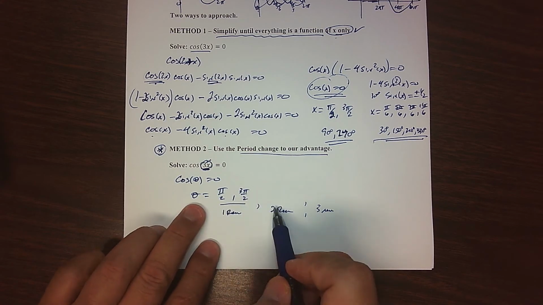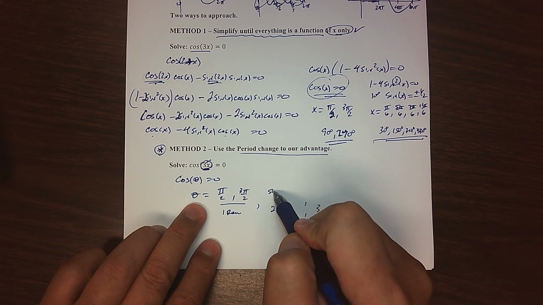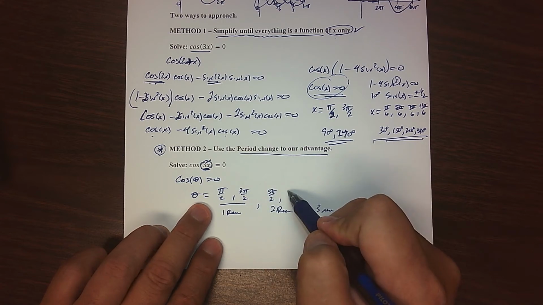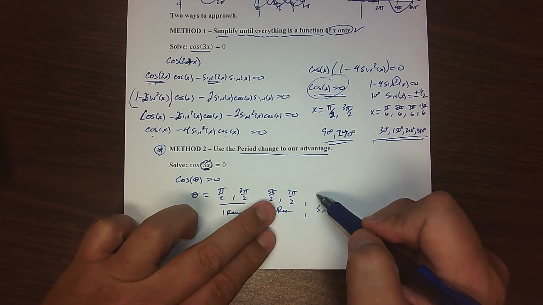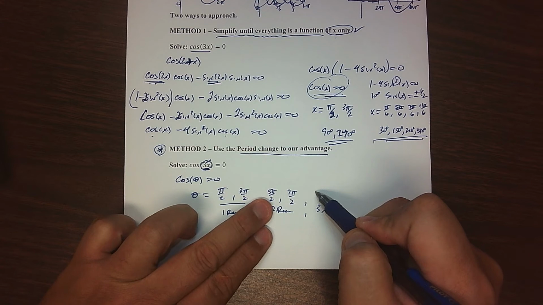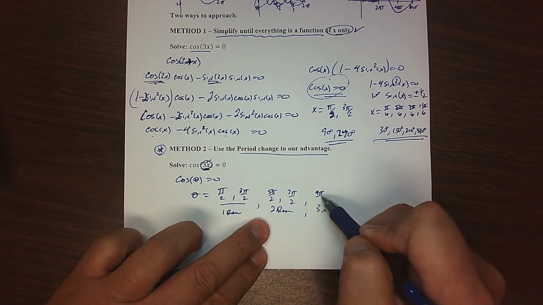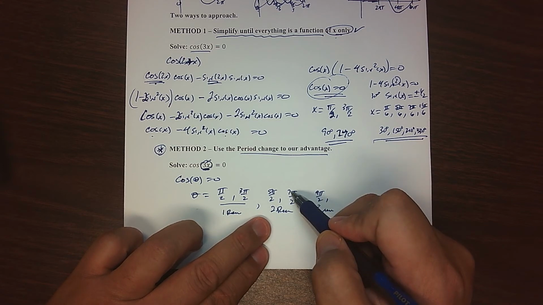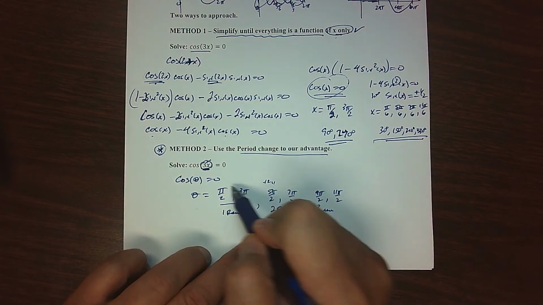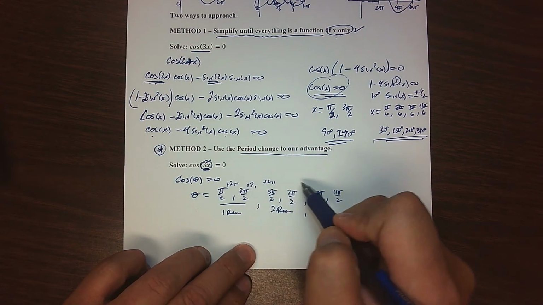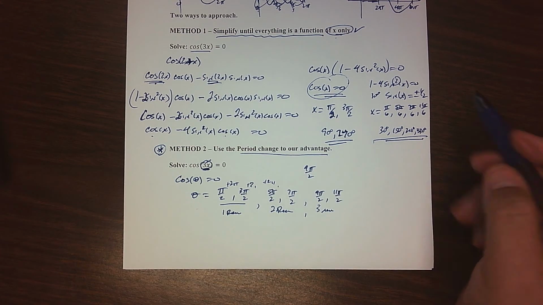In the second rev we would just keep adding 2 pi, and so we'd end up with 5 pi over 2 and 7 pi over 2. In the third rev, if I keep adding 2 pi, we'd end up with 9 pi over 2 and 11 pi over 2. So I'm just adding 2 pi each time, which is 4 pi over 2 if you want to go there.